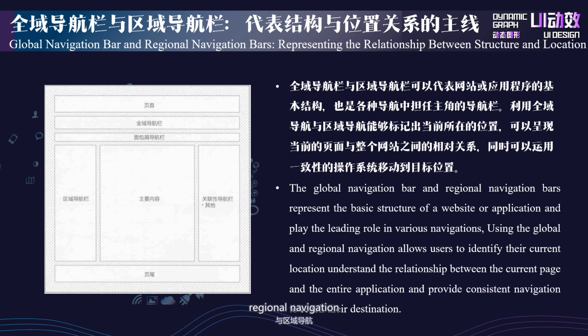Using the global and regional navigation allows users to identify their current location, understand the relationship between the current page and the entire application, and provide consistent navigation to reach their destination. Many websites prefer to place both the global and regional navigation bars on every page.